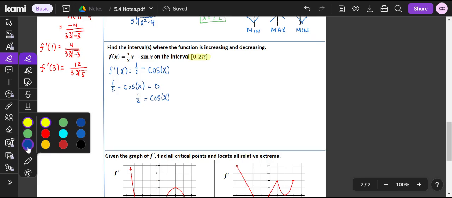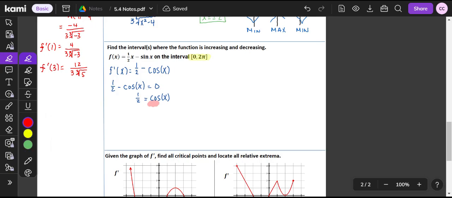So if I remember my unit circle, I know that cosine is always equal to the x coordinates on a unit circle. So I'm going to go around my unit circle and find all the places where the x coordinate is 1/2, okay?